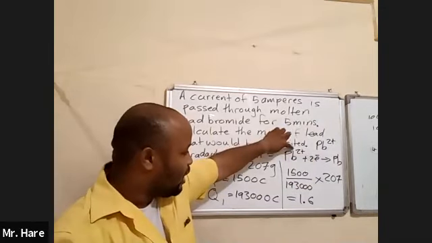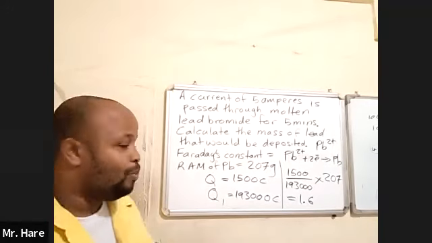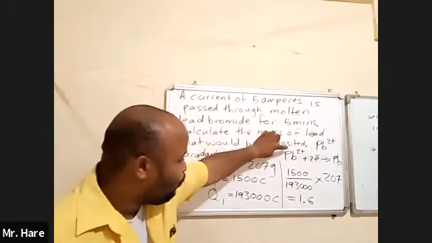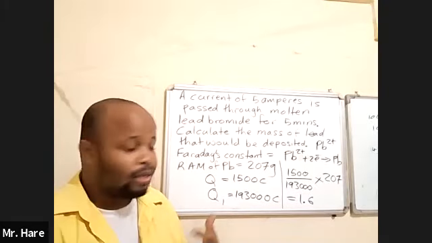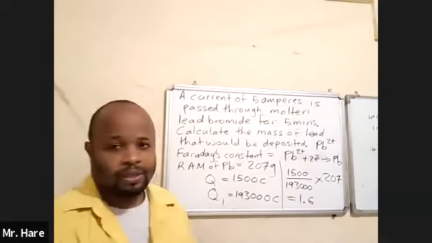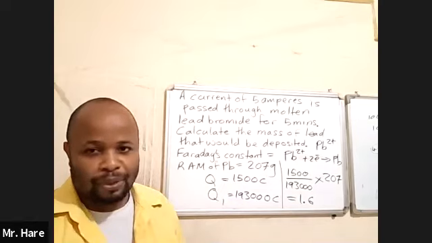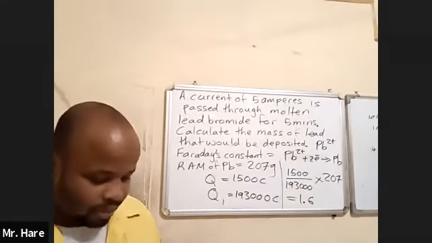Whatever the charge on the ion is, that is the number of electrons needed. Because we know it is Pb2+, we know we will have to gain 2 electrons, and so we multiplied it by 2.